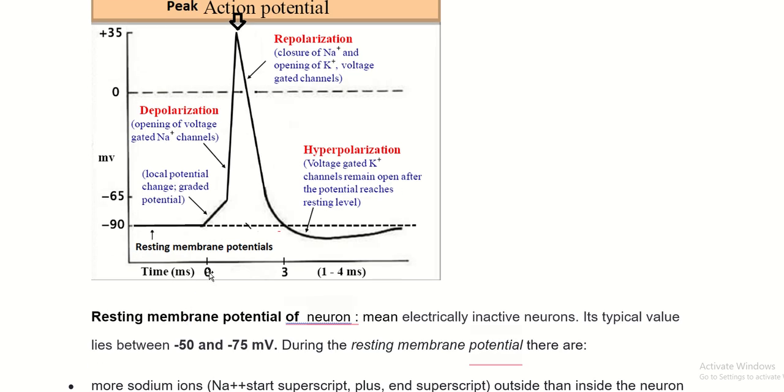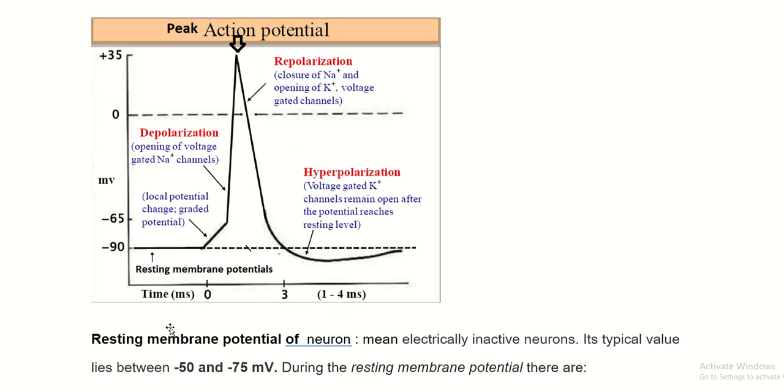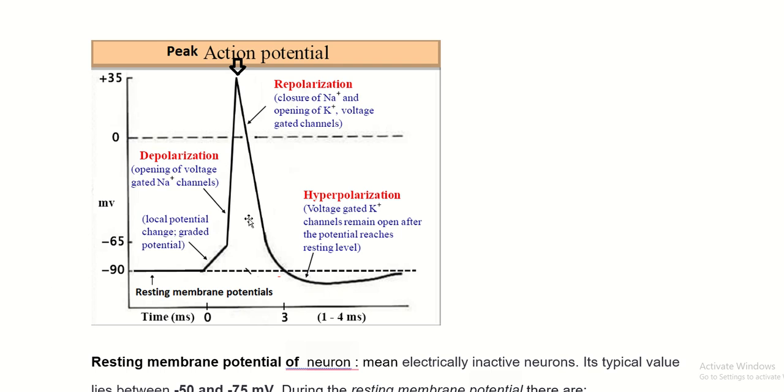Now some membrane potential terminology. Within the cell, in the inactive cell, the voltage is negative and this condition is known as the resting membrane potential. When this cell is active, the negativity within the cell decreases and this condition is known as depolarization.